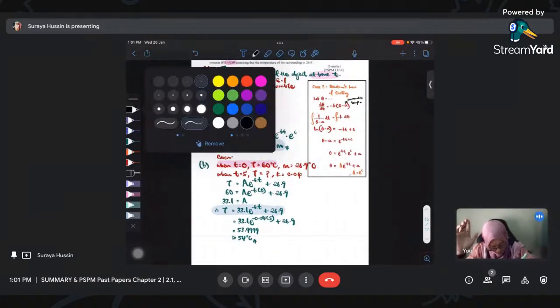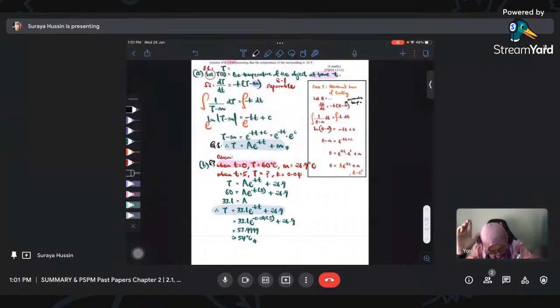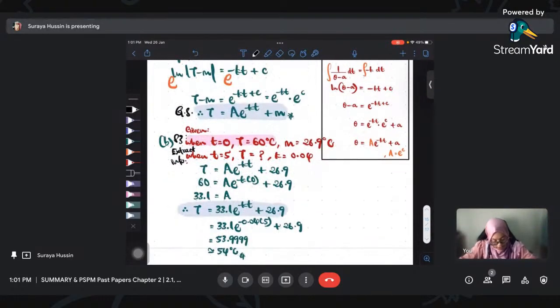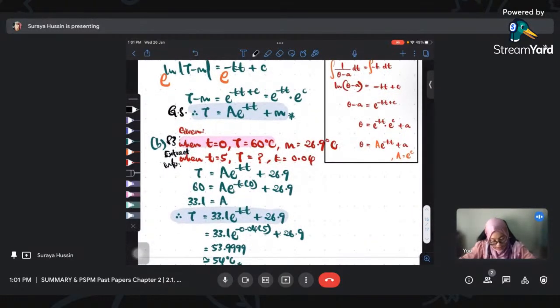Step ketiga. Step ketiga adalah conditions. Step ketiga adalah extract information, macam mana saya cakap tadi. Extract info, extract the conditions out. Okay, and then step keempat, extract the information, and then nak tulis kan step keempat?